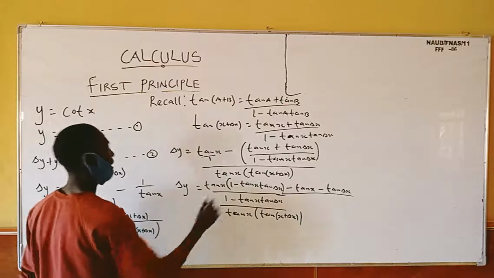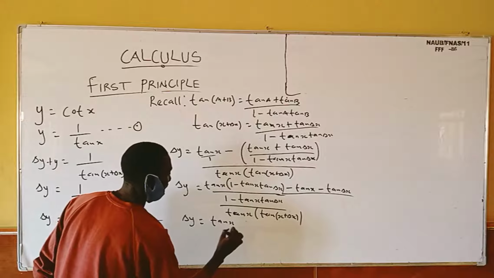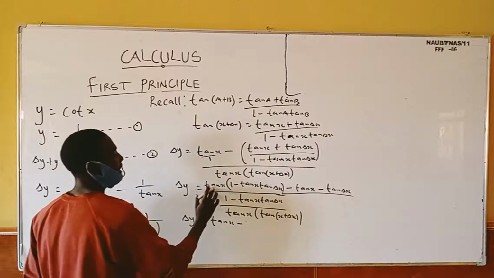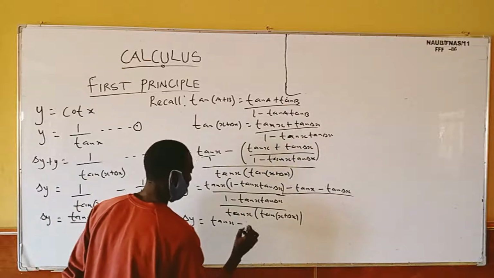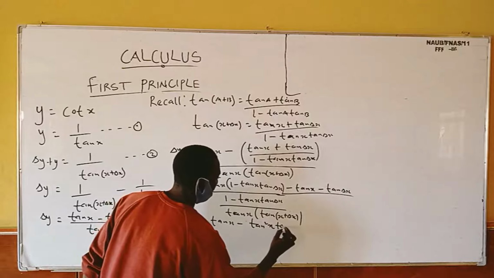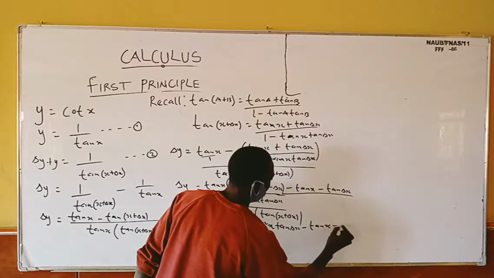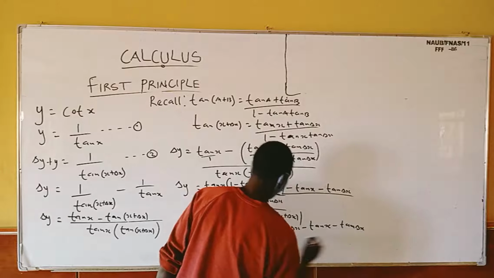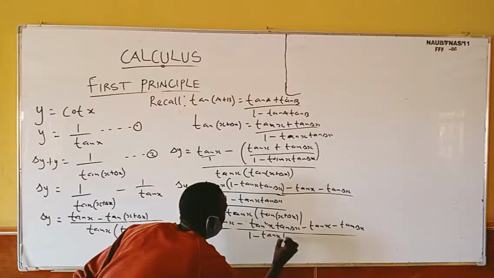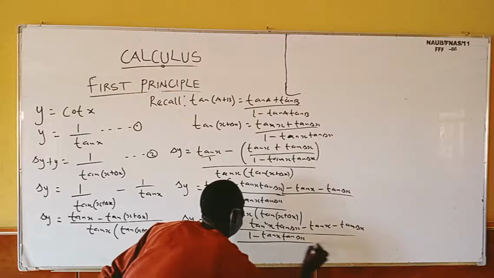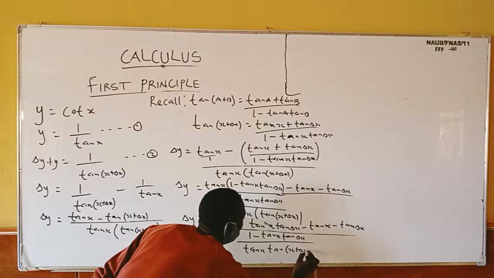So now we can clear the bracket. Change in y will be equal to tan s times 1 is tan s, minus this times this. Tan s times tan s tan change in s, tan s times tan s is nothing but tan square s tan change in s, minus tan s minus tan change in s all over 1 minus tan s tan change in s, all over tan s tan s.